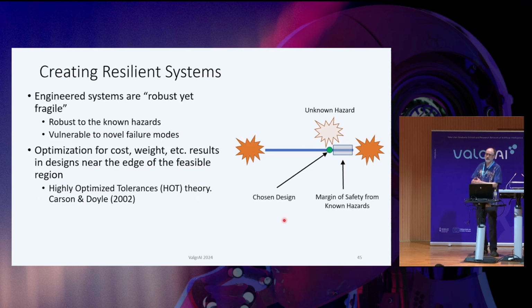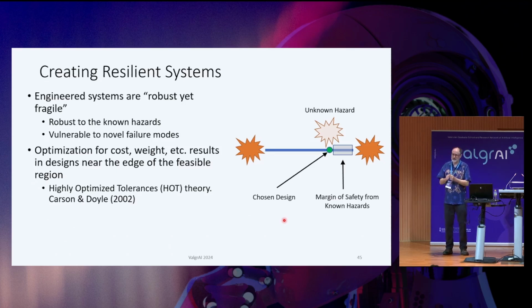So that's the sense in which engineered systems can be simultaneously robust to the known hazards and yet fragile to the unknown hazards. And David Woods has done studies of many things, including looking at Amazon Web Services, and when they've had these huge outages with their data centers, where all of Europe would get knocked out, or all of the Western United States.